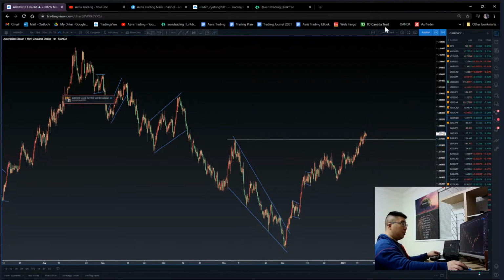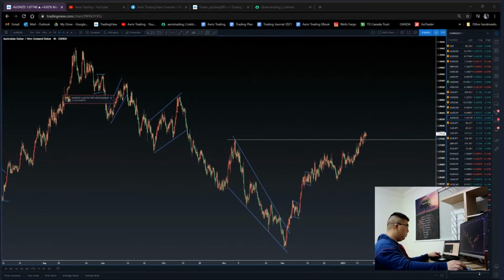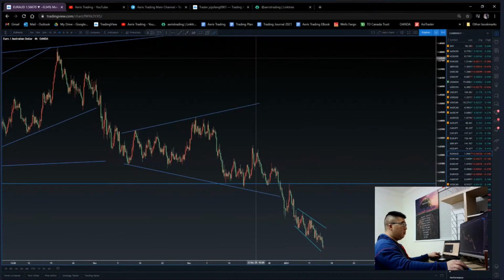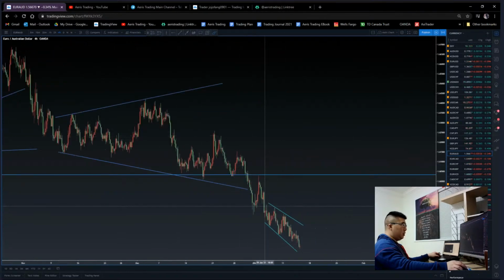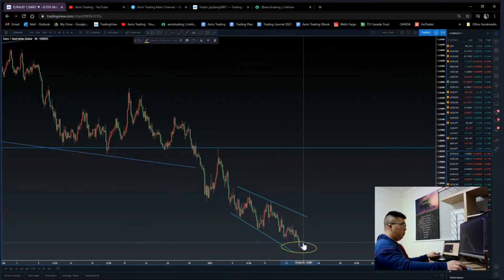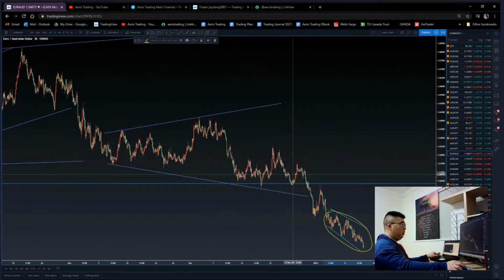All right, so that's Aussie Kiwi and Euro Cad. Euro Aussie. Some of you guys asked me about Euro Aussie, and my approach is the same. Yes, it's potentially forming a reversal structure like a descending channel, but I'm not really going to speculate where the bottom is. So many times I see traders get trapped in these kinds of positions where they're hoping this is the end of the bearish run and we're just going to see a massive reversal.